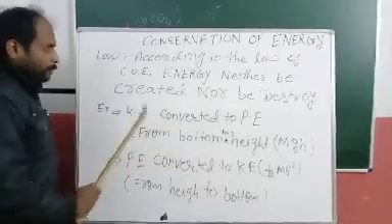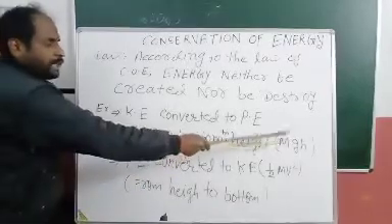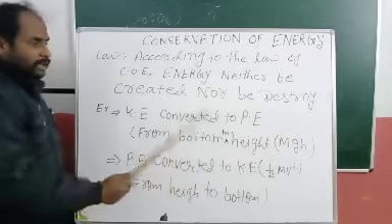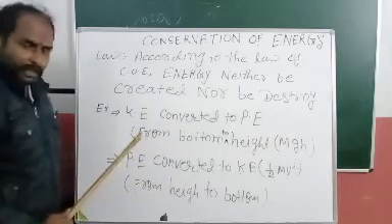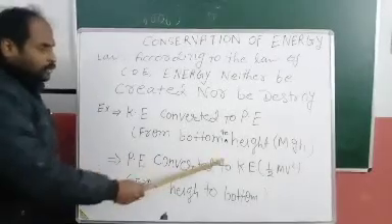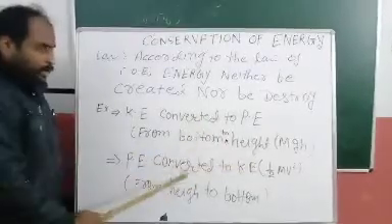Now putting the formula mgh, you can find the value. Now potential energy is converted to kinetic energy, half m v square.